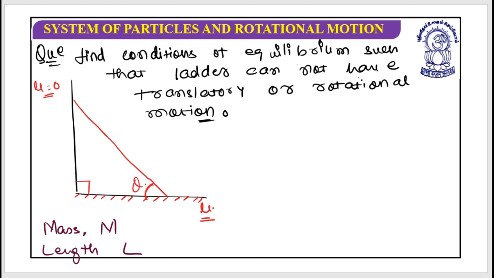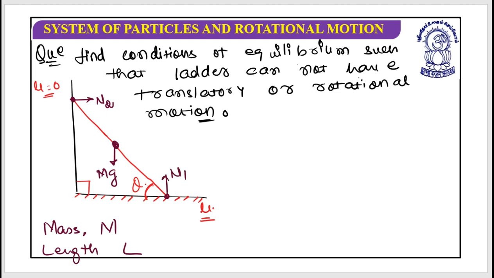This is the midpoint, and mg would be acting on it. A normal is acting here, this would be the normal due to the wall, N2, and the normal provided by the floor will be N1.